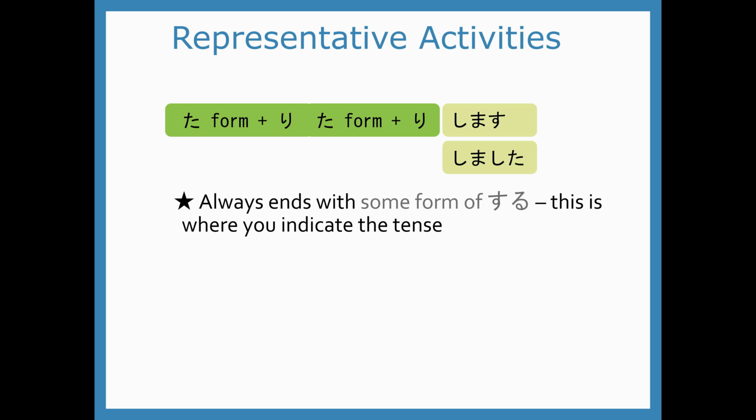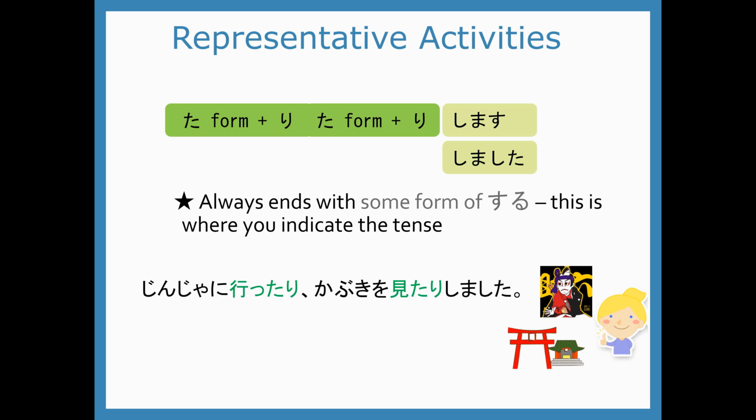We don't want to forget, we always have to end with some kind of form of suru. This suru is where we indicate what the tense is, because the tari is just going to be stuck in that same form. So the suru is really where we show what kind of ending we have.